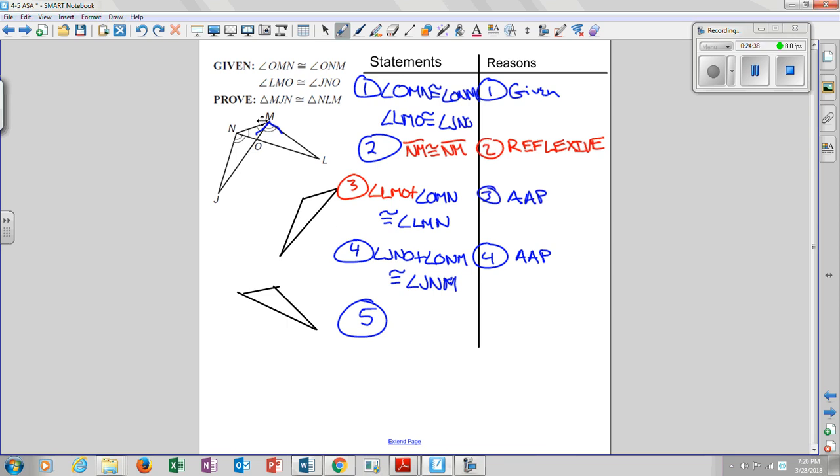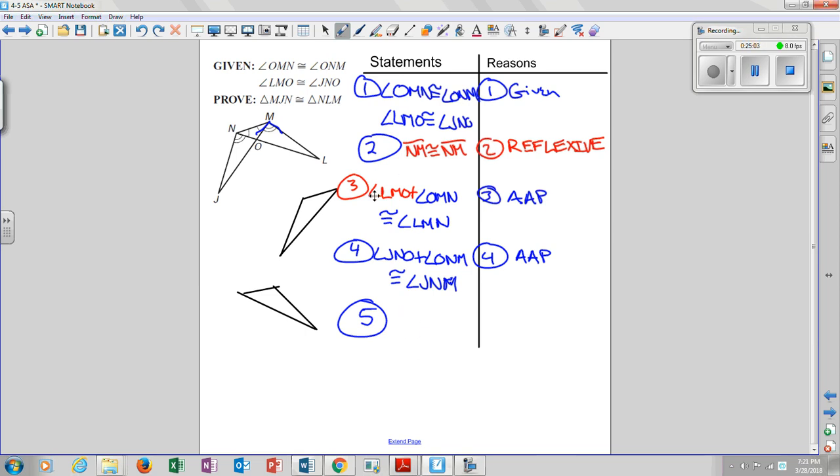Now, if we look at step 5, it says that we can then start substituting values in, because we know that angle ONM is congruent to angle OMN, and angle LMO is congruent to angle LNO.